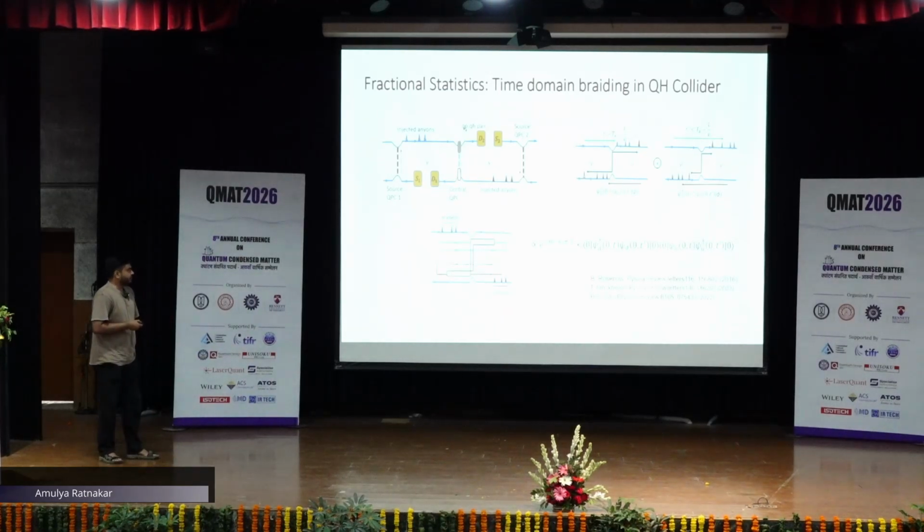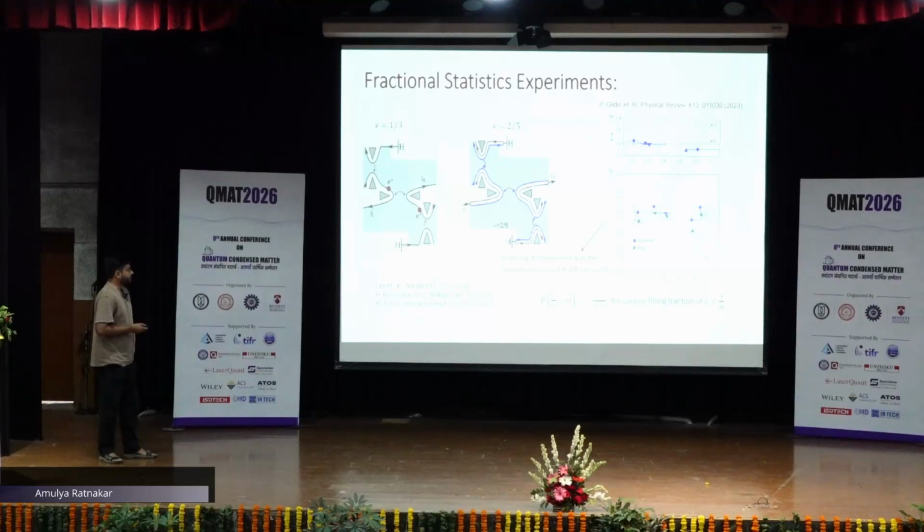The convolution of these two processes will give you the braiding of these injected anyons with the quasi-particle quasi-hole pair in the time domain. And then you will get a phase delta, which is the total braiding phase of these injected anyons with the quasi-particle quasi-hole pair at the central QPC.